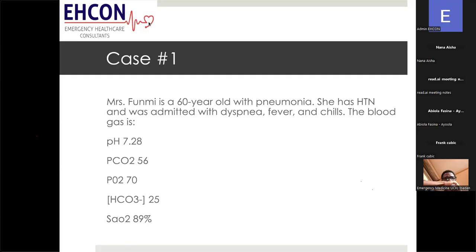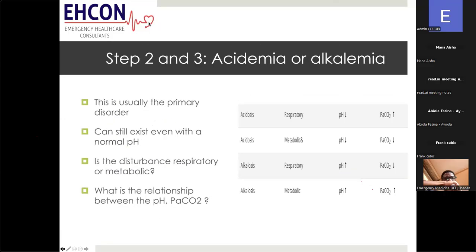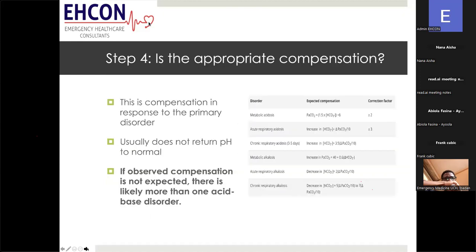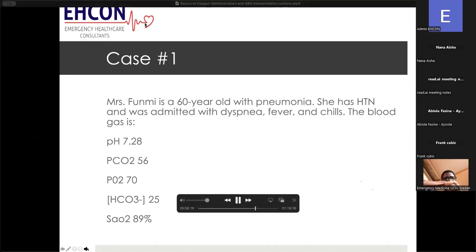Let's go to our table from the Thoracic Society. If we have a hydrogen ion concentration of about 53.8, then we are expecting a pH that should fall somewhere between 7.25 and 7.30. Let's go back to Mrs. Fumi's case. The pH indeed does fall in that range, so we can believe these gas results. They seem to be internally consistent. We may proceed with interpreting this ABG.